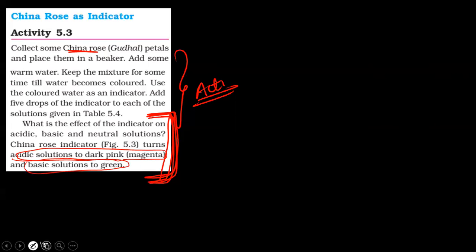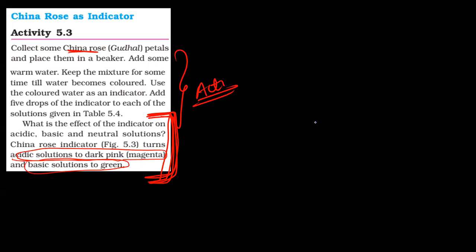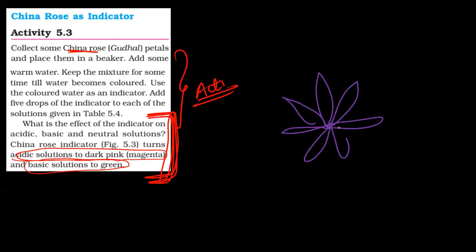Now, all I want you to remember is that this is China rose. So imagine a flower like this. Okay, I'm going to just slightly fill some color in the flower so that you can see the purple, but the color which it turns into is magenta.